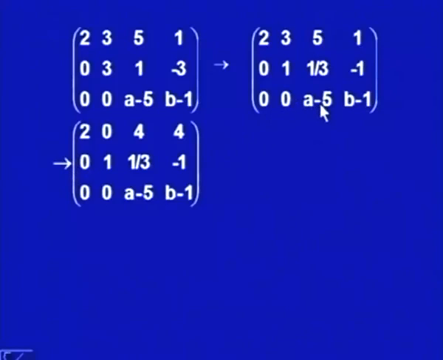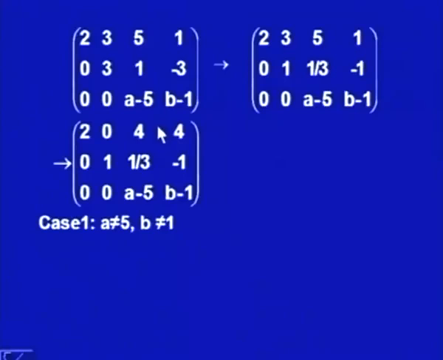Further, if I subtract 3 times this row, then this becomes 2 minus 0, this becomes 0, 3 minus 3 is 0, and this becomes 4. Then one can notice that you can divide this by 1, so this will become an identity matrix.